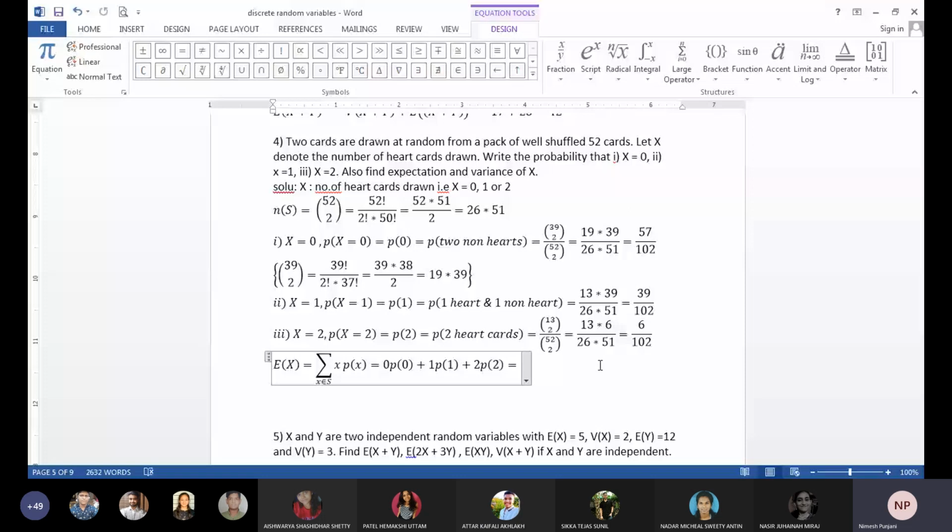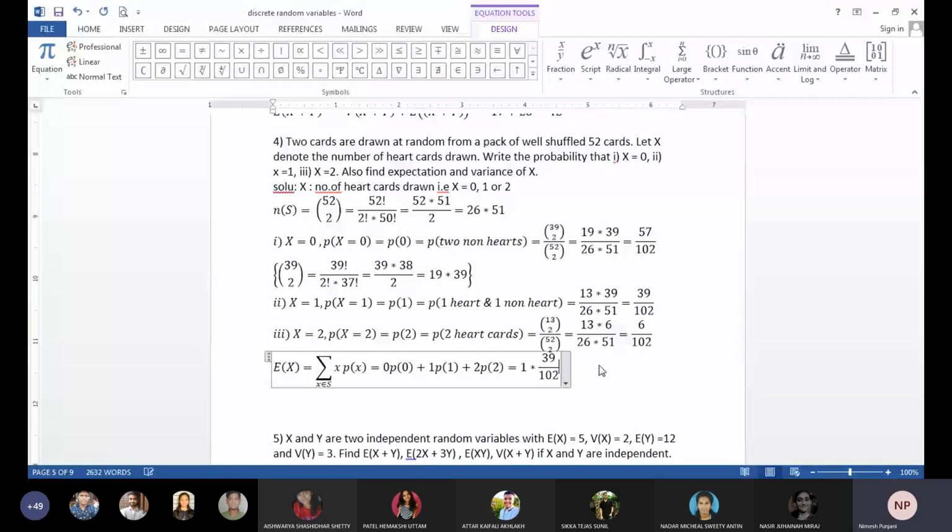So 0 into anything is 0. So 1 into p of 1, that is 1 into 39 upon 102. Then 2 into p of 2. So 2 into 6 upon 102. That turns out to how much? 39 plus 12, 51 upon 102.